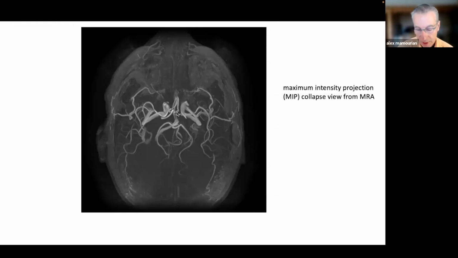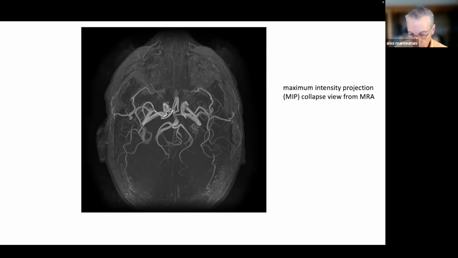This is an MR scan now. This is an MRA, and this particular view is called a collapse view. So you're basically taking all of the slices from the MRA and seeing them in a single projection. So in this view, we have sort of all telescoped into a single two-dimensional slice. This will be the petrous portion of the carotid.